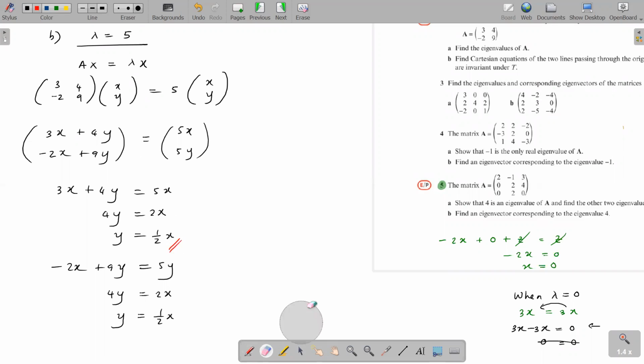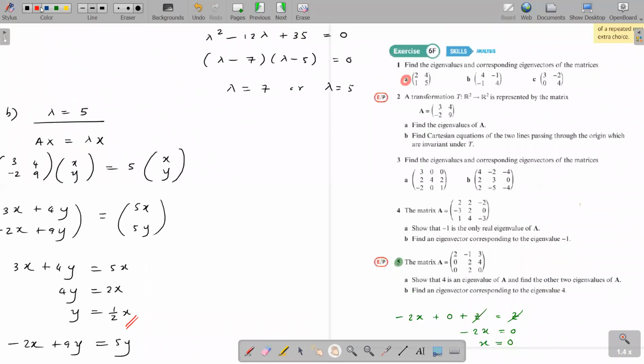How do I get the other invariant line? We go with the other lambda value. So when lambda is 7, Ax equals lambda x. A is (3, -2; 4, 9), x is 7 times (x, y). 3x plus 4y.